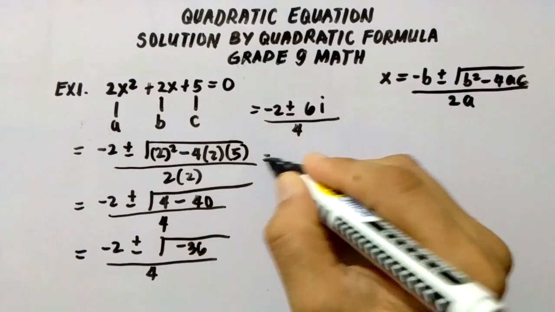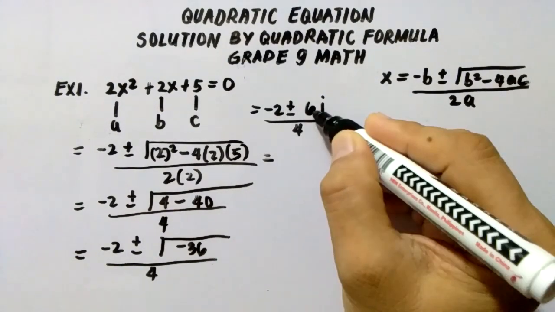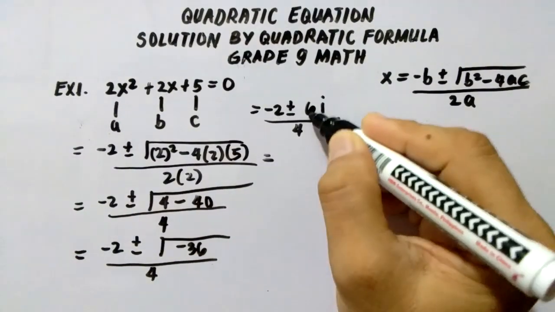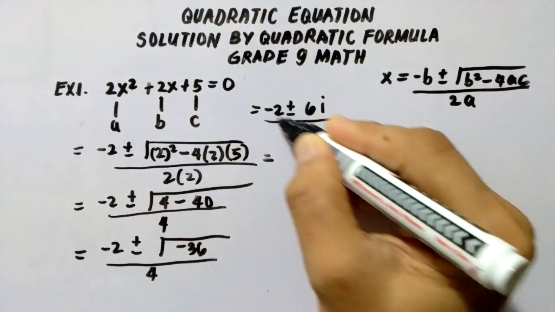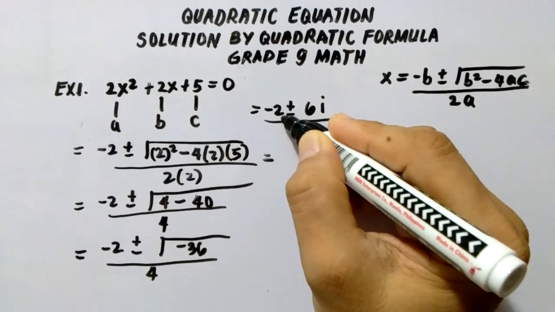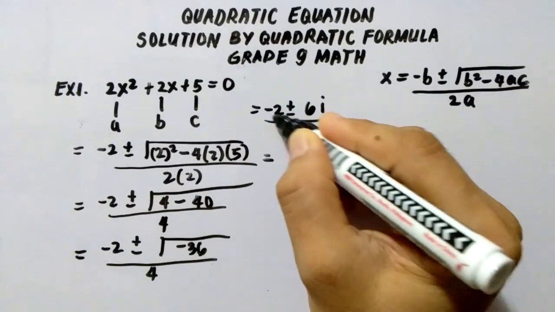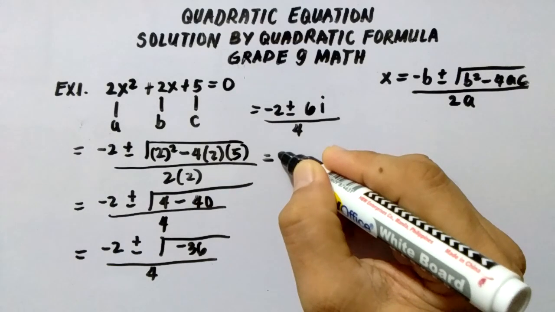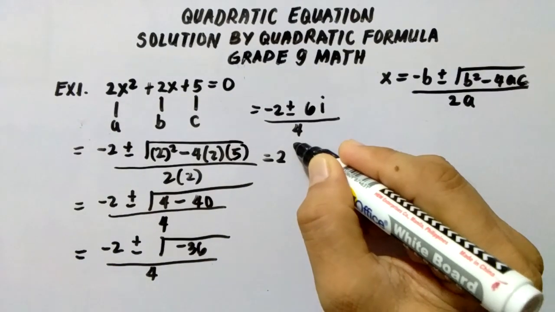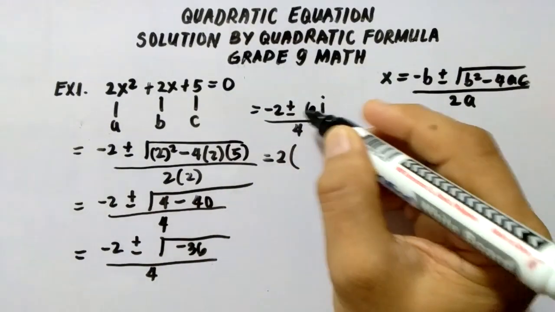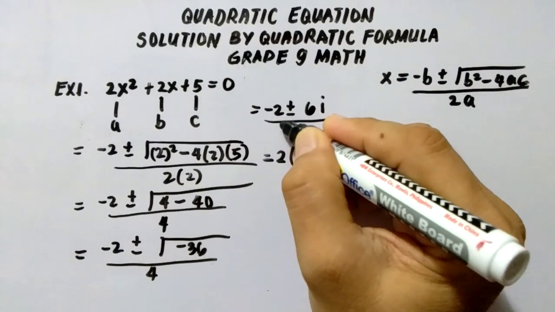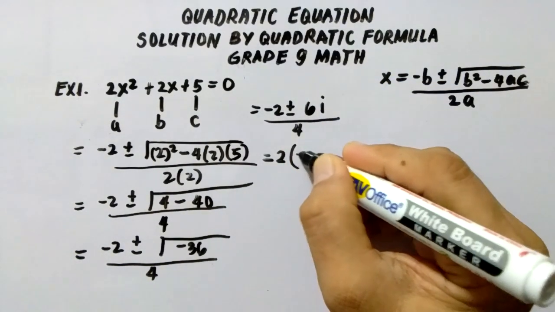Then equals. So, pwede po nating i-factor ito. O I mean, kunin po yung common factor. So, pwede po itong common factor, yung 2. So, ilabas po natin dito, 2. Then, times the quantity. So, negative 2 divided by 2. So, negative 1.